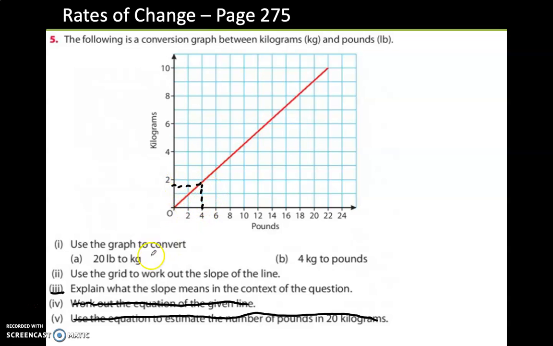So what I need you guys to do is convert 20 pounds to kilos. You're going to start off at this 20, see where it cuts the line and bring it across, and convert 4 kilos to pounds. So start off at the 4 on the y-axis, bring it across and down, see where it cuts the axis. Find the slope.